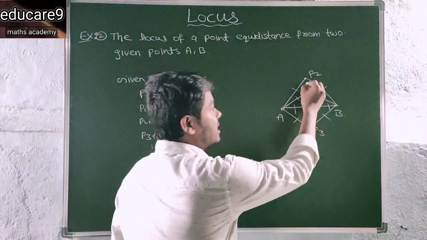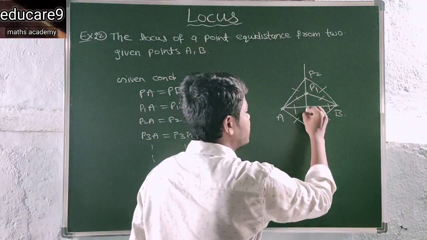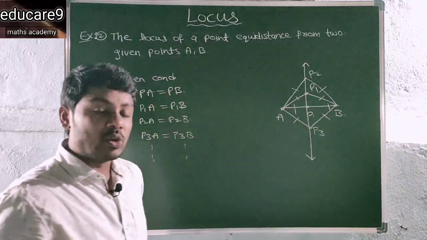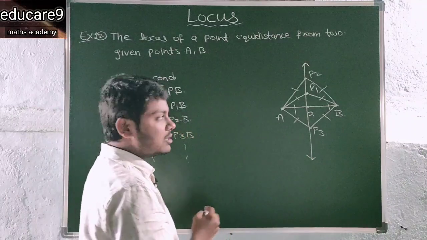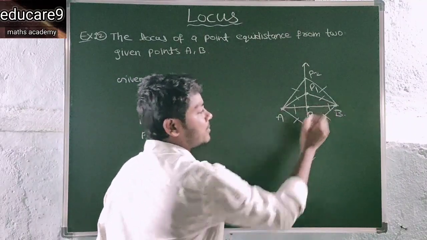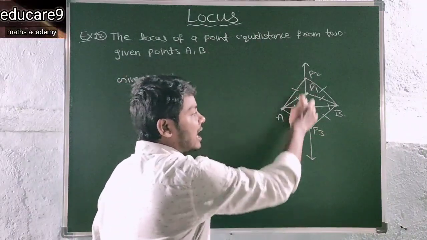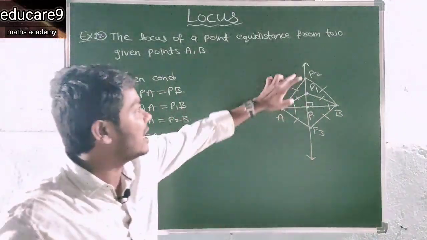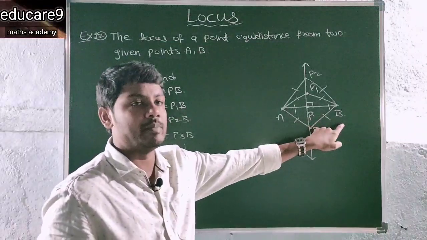Then the line joining these points is called the locus. So what is the required locus here? See here, P is the midpoint of AB because PA is equal to PB, and this line is perpendicular to AB. Therefore, clearly this line is the perpendicular bisector of AB.